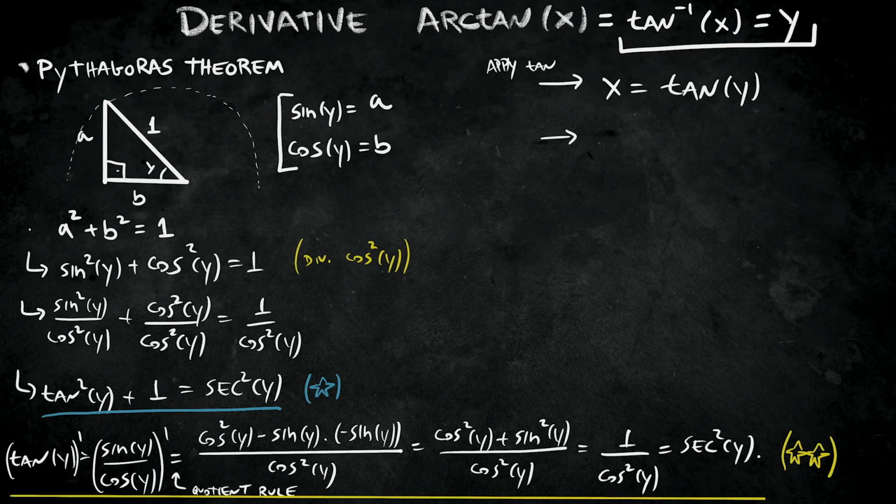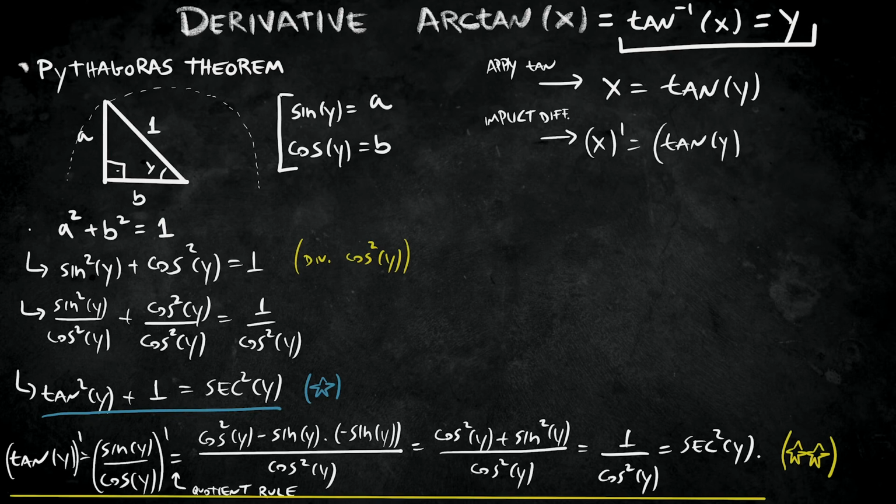So here, if you apply implicit differentiation, I'm going to apply the derivative to both sides. I'm going to have an implicit function because tangent of y depends on x. We're going to have, what is the derivative of x? Yeah, 1. What is the derivative of tangent of y?